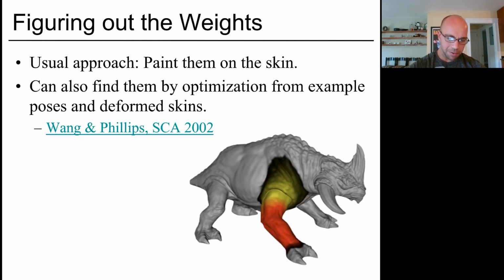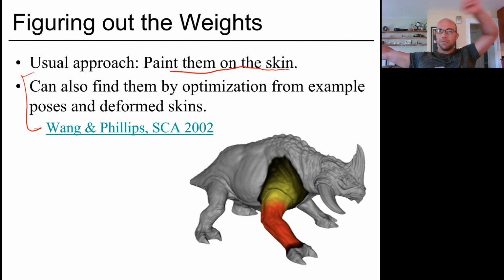Now, I mentioned to you guys that skinning is typically done by an artist by literally painting them on. There are automatic tools out there, and my bet is if I keep teaching this course in this age of machine learning, we'll see many, many more. We might want to try and find skinning weights, for example, by optimization. So maybe I am willing to take my original bind pose and then give you a few more examples of poses.